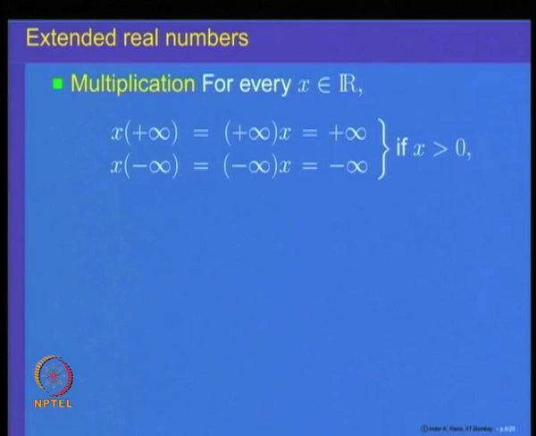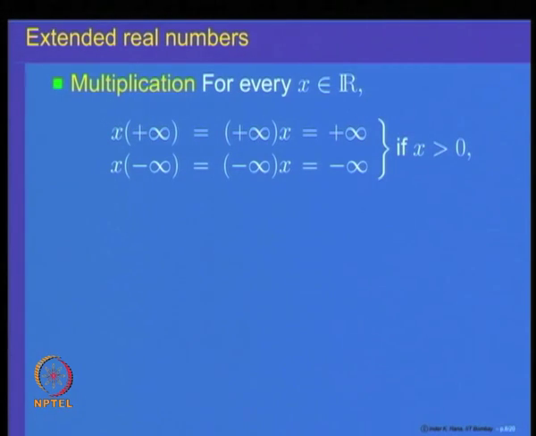For every real number x, x times plus infinity is equal to plus infinity times x, which is plus infinity if x is positive, and similarly x multiplied by minus infinity is the same as minus infinity multiplied by x, which is equal to minus infinity, again under the condition that x is bigger than 0. More or less we are following the rules of multiplication for real numbers.